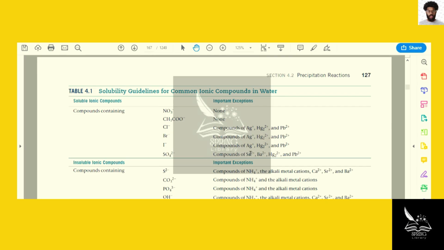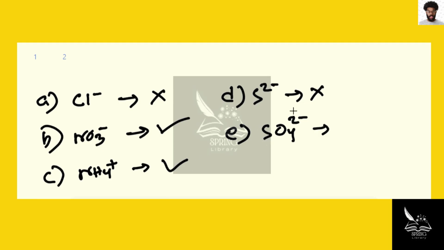Compounds of strontium, barium, mercury, and lead will form insoluble ionic compounds with sulfate. That means sulfate will form insoluble ionic compounds sometimes, and it cannot be expected as a spectator ion always. So sulfate is not capable of always being a spectator ion.